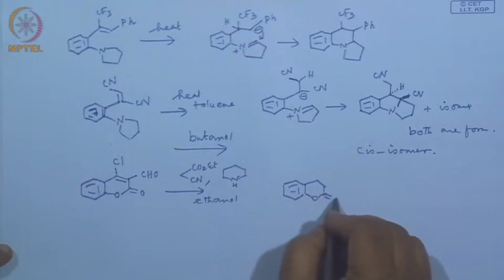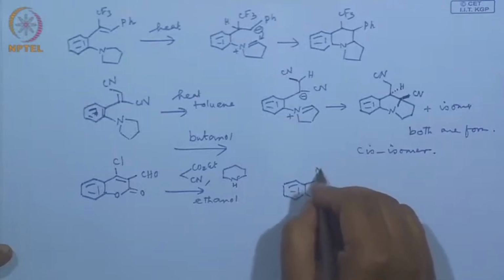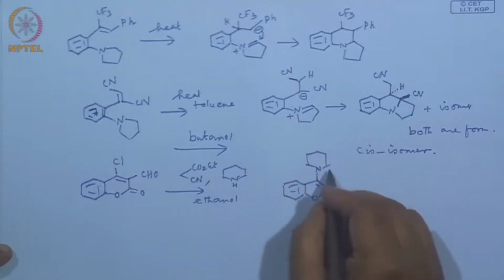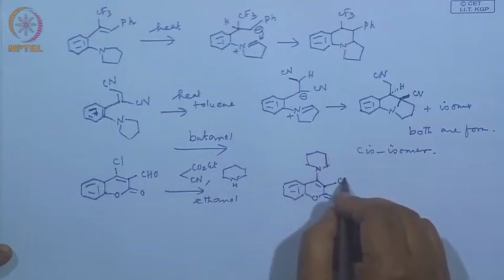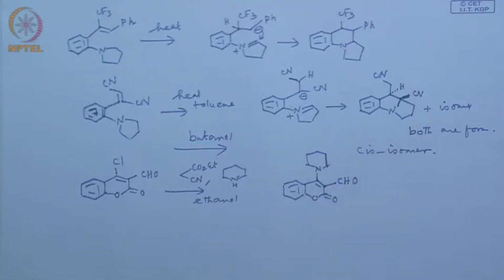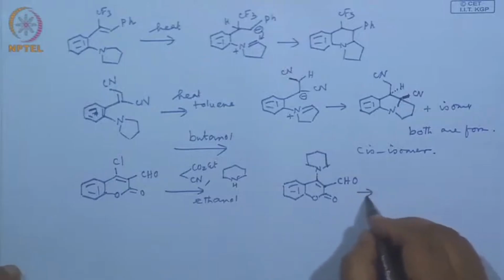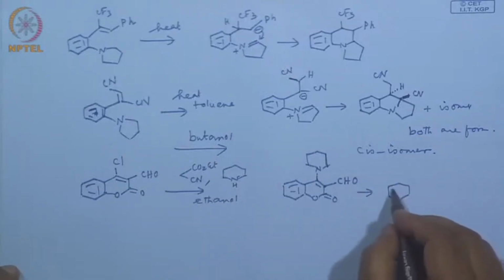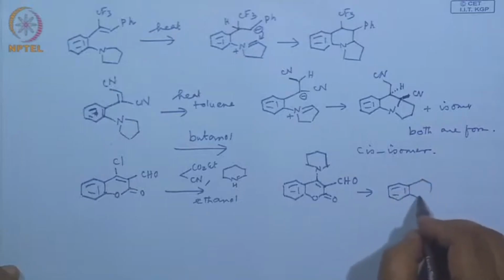a displacement of the chlorine with this nitrogen, and now you have a formyl group here. Okay. What next? All of us know this piperidine is not a very strong leaving group. So, you can expect a Knoevenagel kind of reaction, and that is this one.